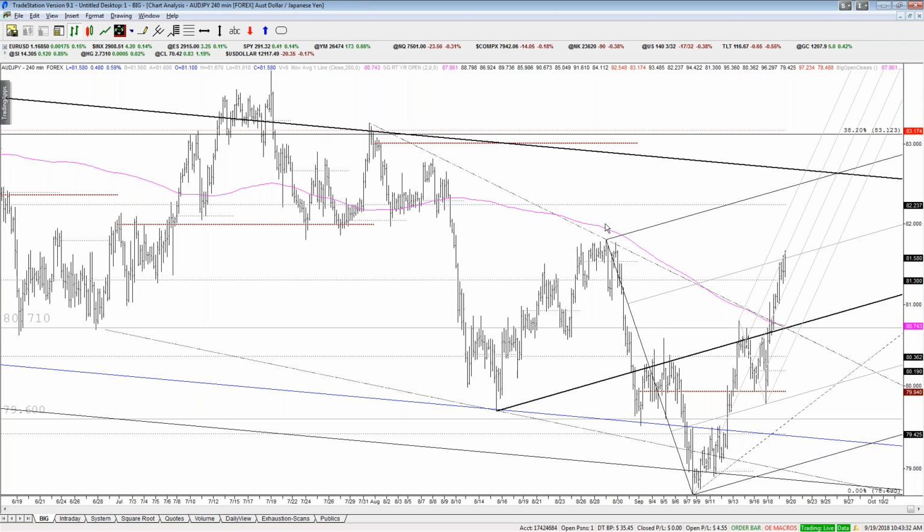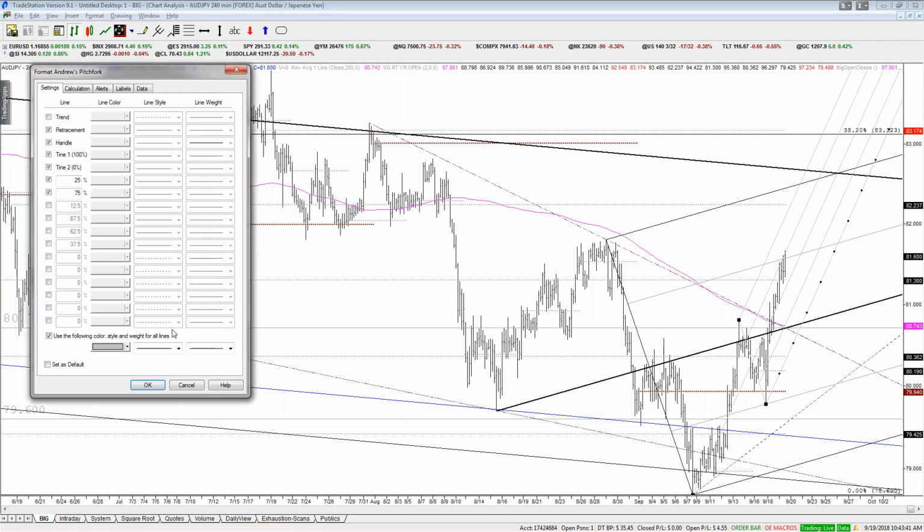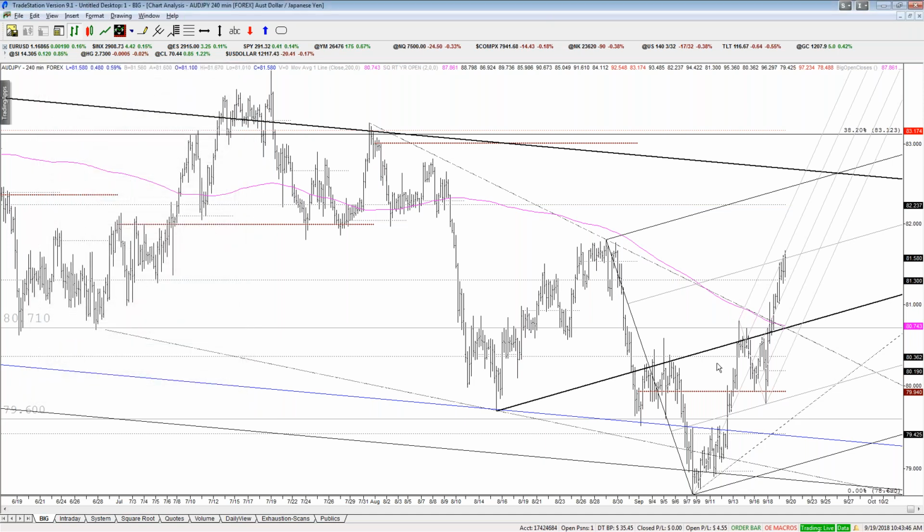And this is actually a fork that I did not have in last night's update. You can see just how clean that one is, right? So you trade up into the median line, you pull back into the 25 line, you trade back up into the 75 line.